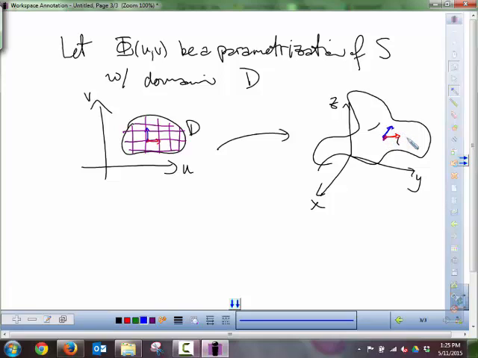So these vectors may not be perpendicular. It was perpendicular when it was in D, but when you brought it out here, it might not be so perpendicular anymore. And then what you could do is take the cross product of those two vectors and find the same area over here.